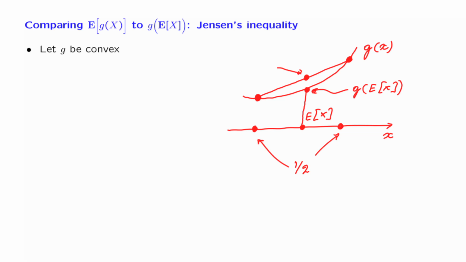So this quantity here is the expected value of g of x. And we see that in this example, the expected value of g of x is above the value of g evaluated at the expected value of x. So this is what Jensen's inequality says, but for a more general distribution for the random variable x.